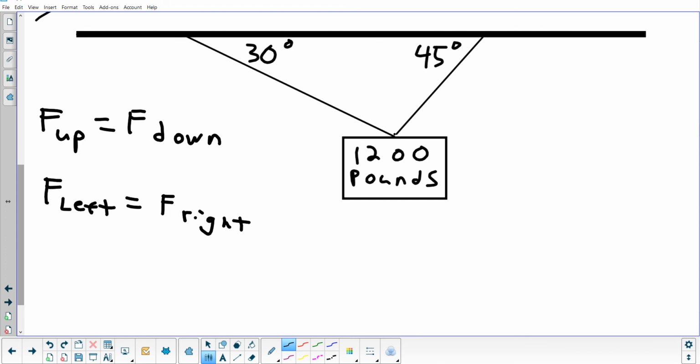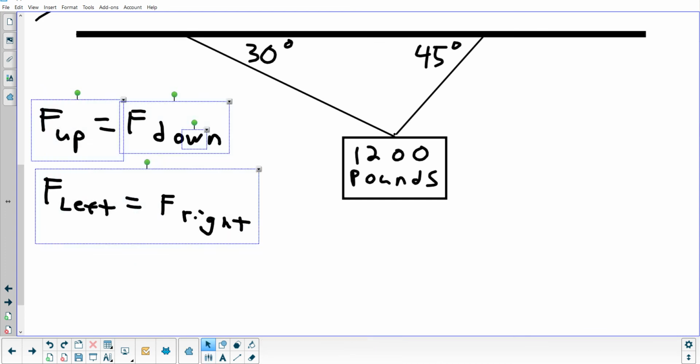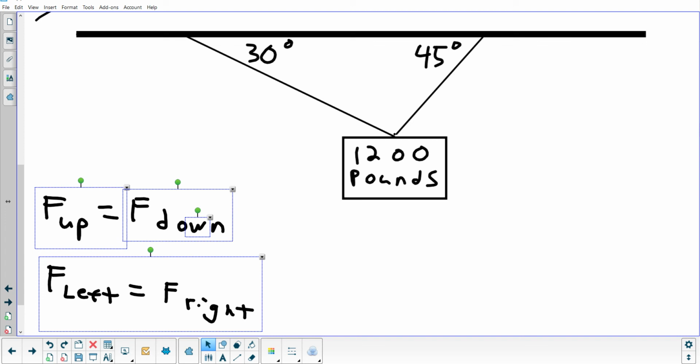All right. Now, what we want to do is start to break down the forces up and down in this diagram and give them names. So what I need to do is draw some horizontals and verticals, which is going to allow me to break apart these vectors. Use different colors. So there's one vector pointing up and to the left.